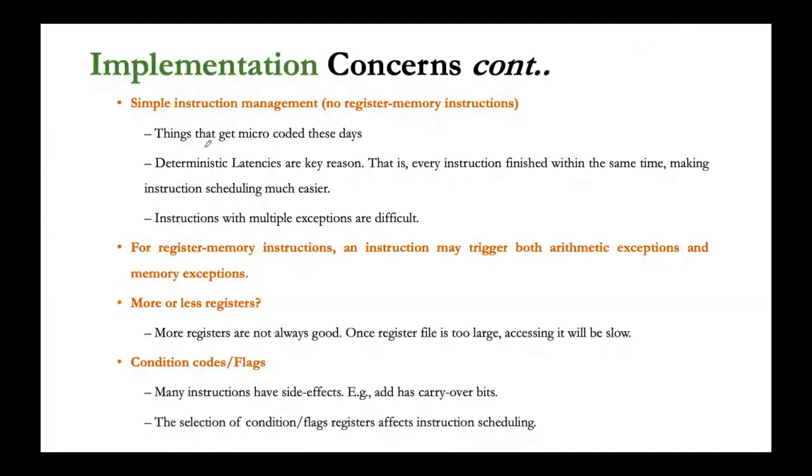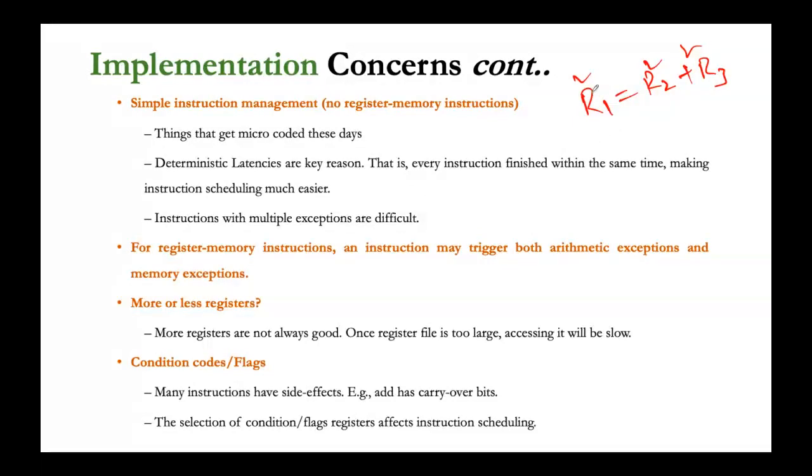The reason is, R1 is equal to R2 plus R3, all the operands are in the registers itself, so they simply go and fetch the operands from the registers and perform the operation.